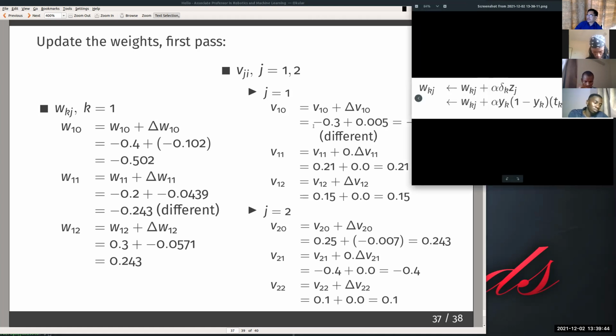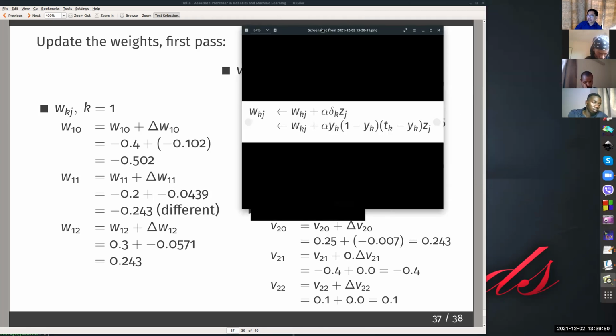So to update the W's, you just need to compute the delta 1. Please see here. You compute the delta 1 of our output layer, and then multiply it by your Z0, Z1, and Z2, depending on W10, W11, and W12. So the delta 1 remains the same, only the Z changes to correspond to your weights.